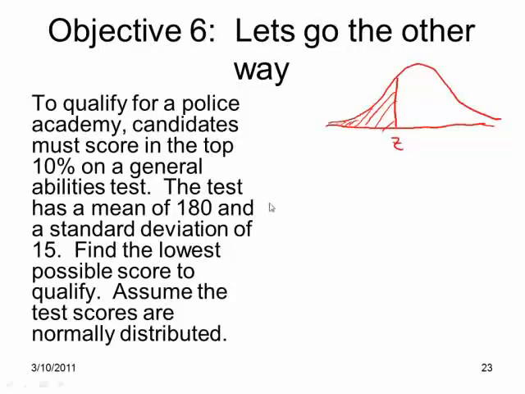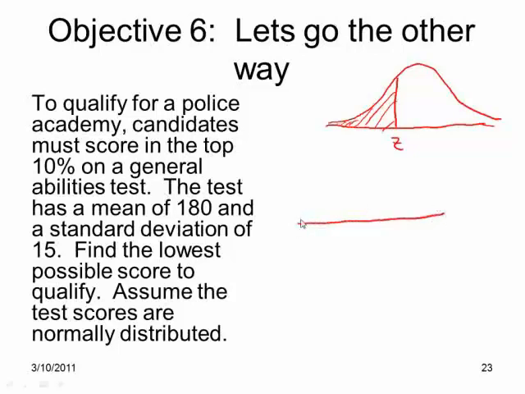Well, the calculator does the exact same thing, and when it computes the z-score for you, it will always compute from the left up to the z-score value, and it will return this part. So let's just recall that this was the Police Academy testing setup, and we wanted to find the minimum score for the upper 10%.